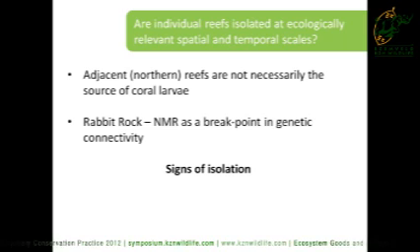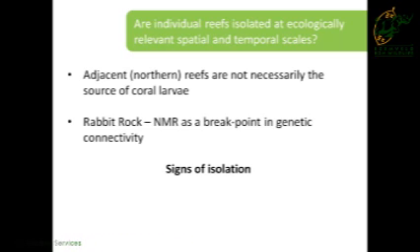As well, northern reefs are not necessarily the source of coral larvae. When I say northern reefs, I mean the reef immediately next to it, or adjacent reef, and Rabbit Rock and Tumbal Reef are definitely some kind of break point in genetic connectivity for these reefs. All of that suggests signs of isolation, and that will be one of the first concerns for conservation and for the management of these areas.